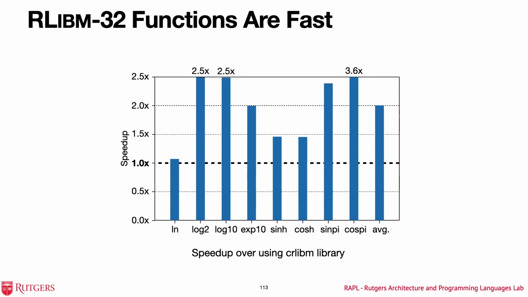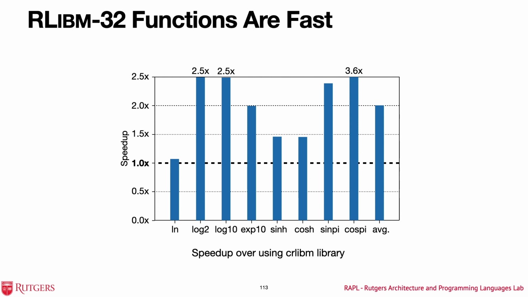Finally, RLibm32 has 2x speedup over crlibm functions on average. Since crlibm is a correctly rounded math library for double precision, RLibm32 has the most speedup over crlibm. Overall, our experiment shows that RLibm32 is faster than mainstream math libraries and produces correctly rounded results for all inputs.